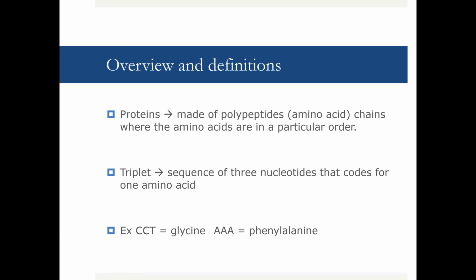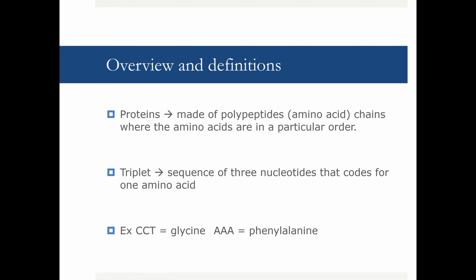An amino acid is coded by 3 base pairs, called a triplet. So an amino acid is coded by a triplet. So the triplet CCT codes glycine, and the triplet AAA codes phenylalanine. You do not need to know that, okay?